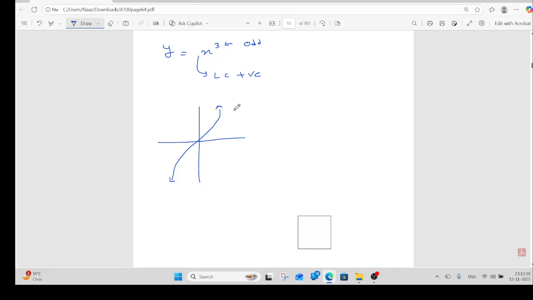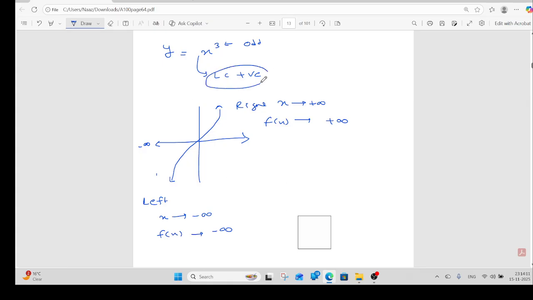If you check the right side, as x goes to positive infinity, my function is going upward, right? So f(x) is going in the positive direction. But if you check the left side, as x goes to negative infinity, my function graph is going downward. Downward means negative infinity. So this is the end behavior when leading coefficient is positive and degree is odd.